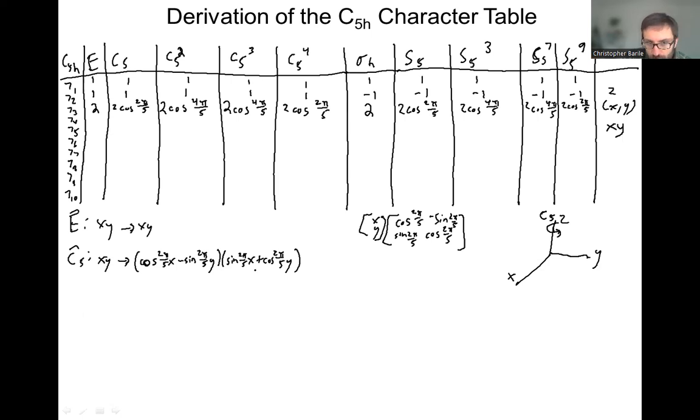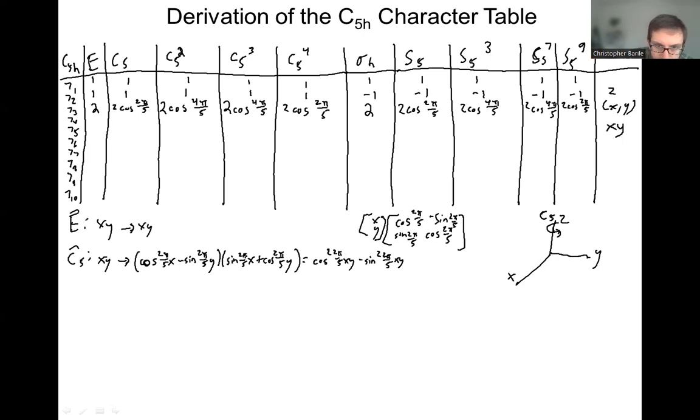And so we have two expressions like this, and what do we have to do? We have to FOIL them out. So we're going to get cosine squared 2 pi over 5 xy minus sine squared 2 pi over 5, that's multiplying these terms, xy.